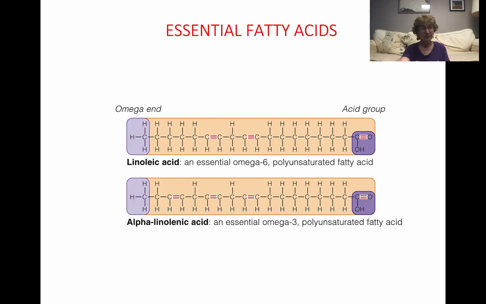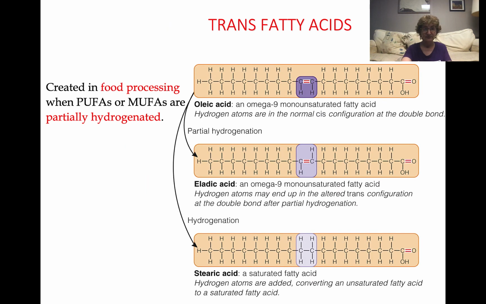Another picture. So we have the omega end on the left and the acid end on the right for the chemistry geek amongst you. We also have trans fatty acids that are created during the hydrogenation process. If an unsaturated fatty acid is totally hydrogenated, it becomes a saturated fat because all of the double bonds are removed.